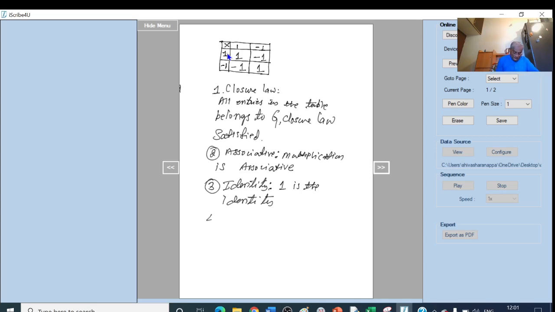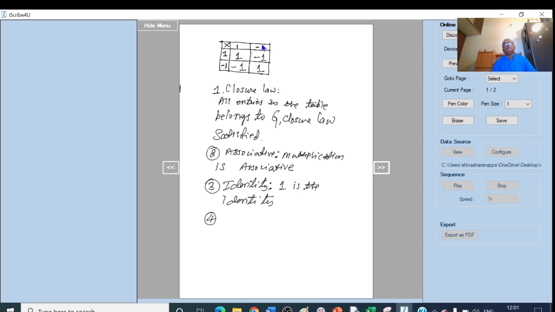And then the fourth one, inverse. The inverse of identity is identity itself. No need to say that the inverse of 1 is 1. We go for the other elements. Only one element is there, minus 1. So to write the inverse of minus 1, I have to come to this row and go to the right of this row till we get the identity. So identity is here.